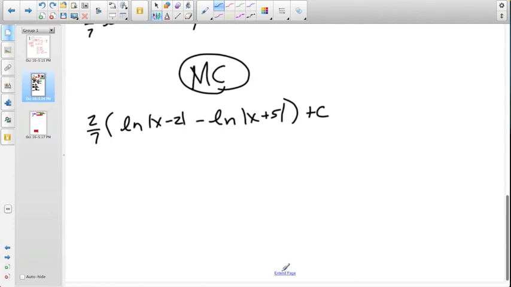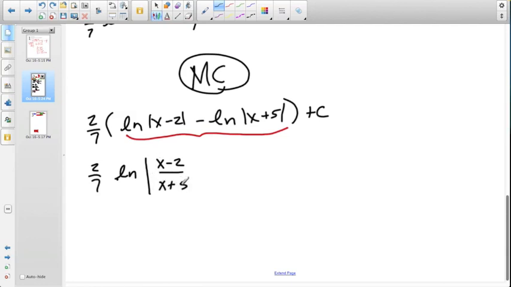But in all likelihood, what you'll see is the answer expressed using the law of logs. When we subtract two logarithmic expressions, it's the same as writing them as a ratio. And so, in all likelihood, you're going to see the expression written in this fashion, so it's as condensed as possible.